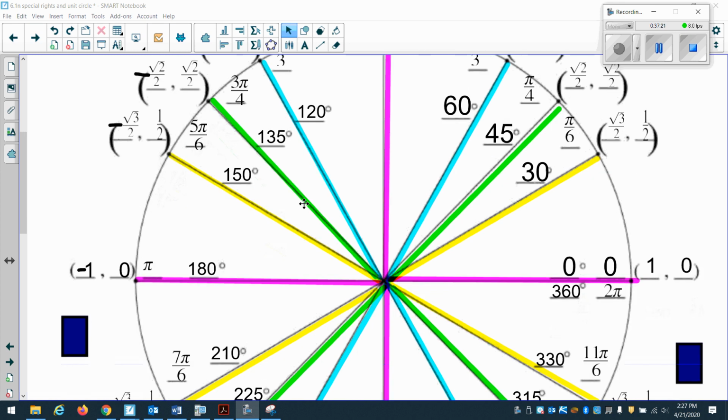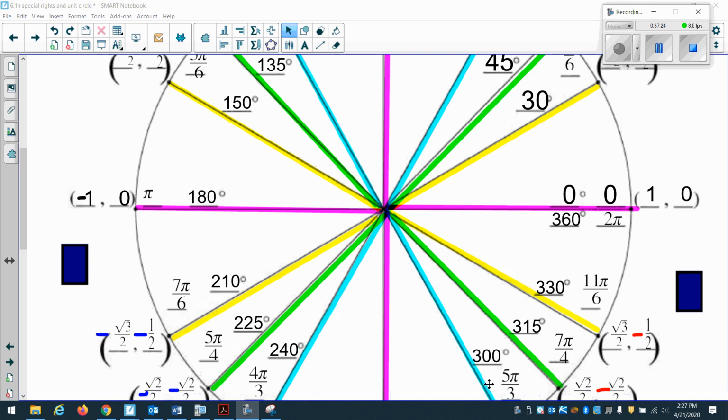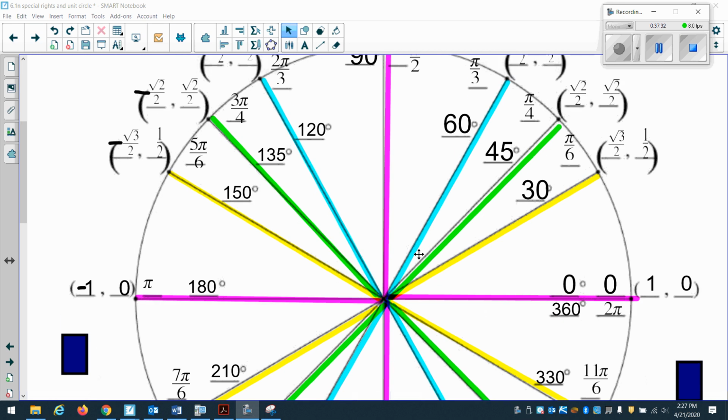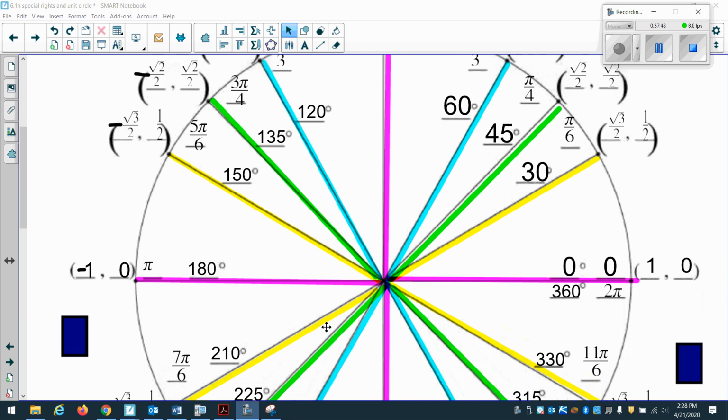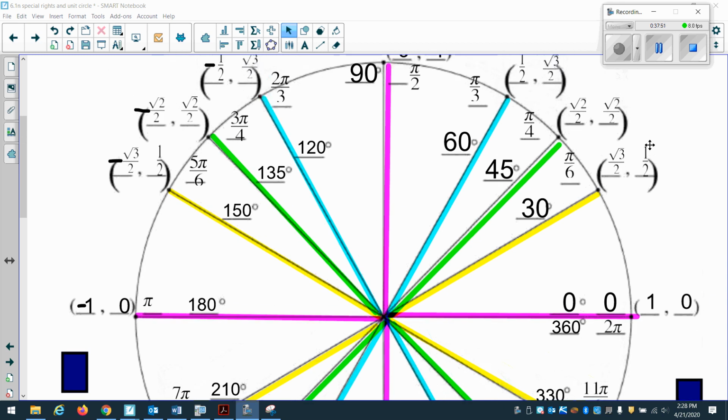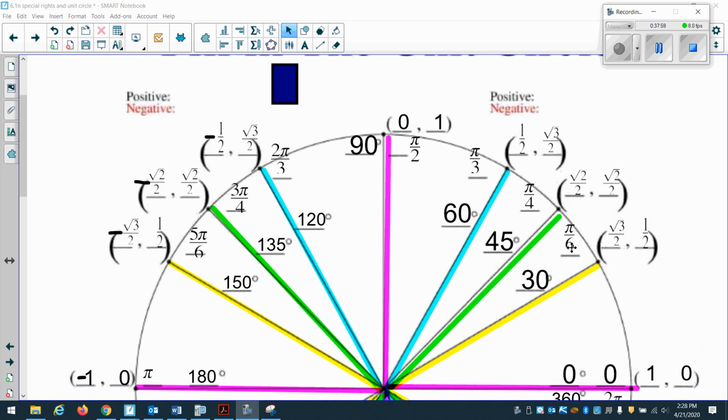So 60, 120, 240, and 300 all have these blue lines as well as a denominator of 3. 45, we talked about before, the green lines, also same coordinate points, root 2 over 2, root 2 over 2, except if they're negative or positive, all have a denominator of 4. Then 30 degrees, which is the yellow lines all the way through the unit circle, same coordinates, root 3 over 2 and 1/2. The radians have a denominator of 6. So that's another way to remember.